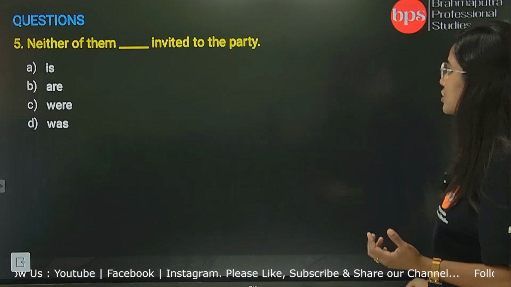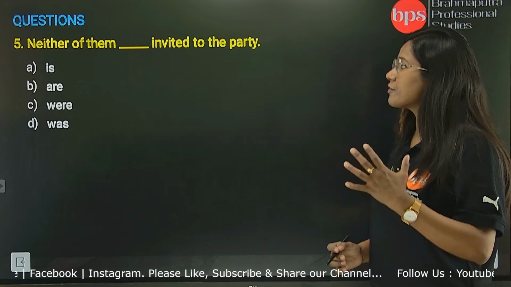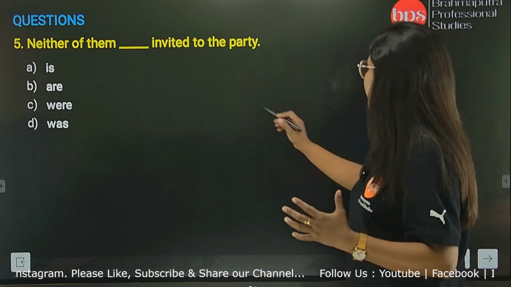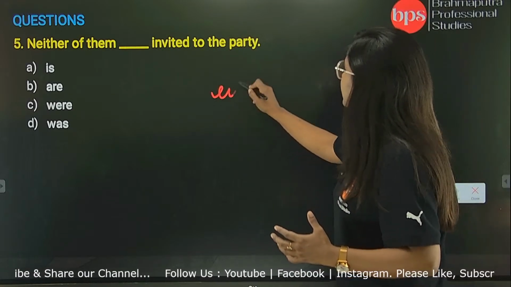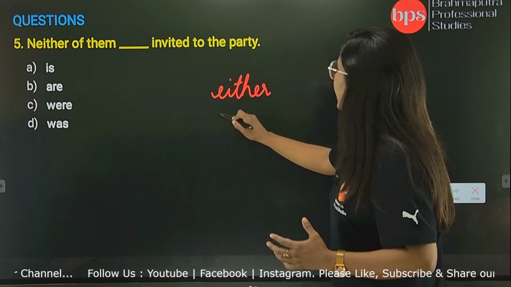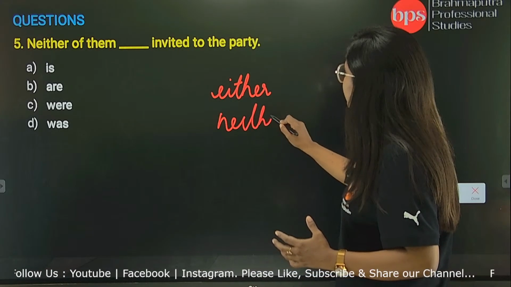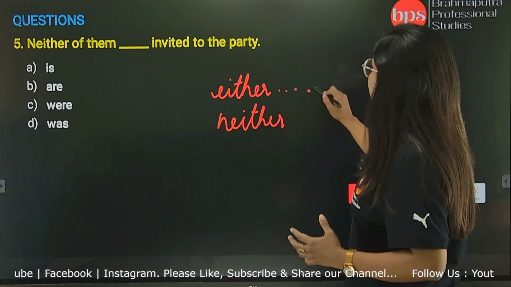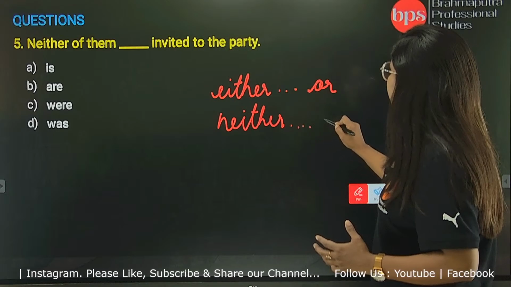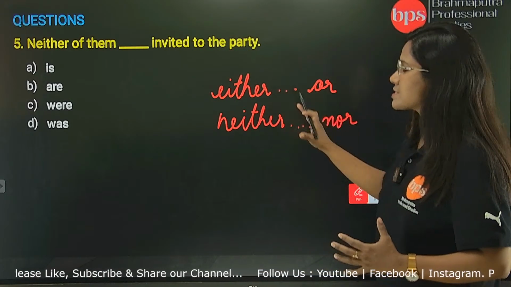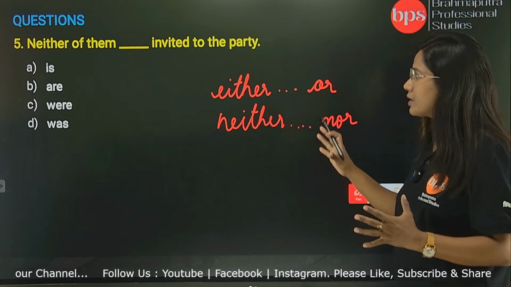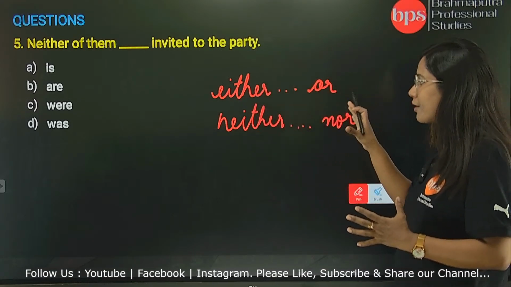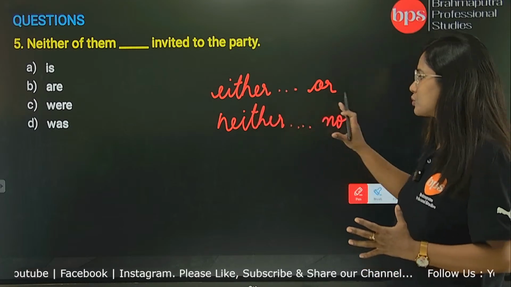Next, question number 5. Neither of them. So now one more thing there is the use of either and neither. Either or, neither nor. So this is the frame of the sentence. When we are putting either, we need to put or, and when we are putting neither, we put nor.